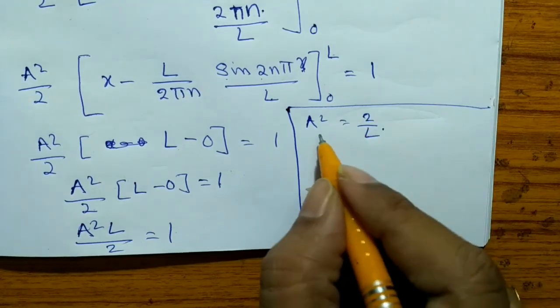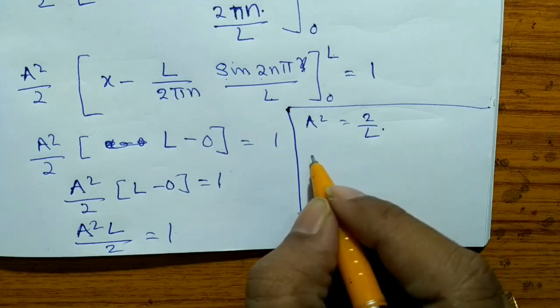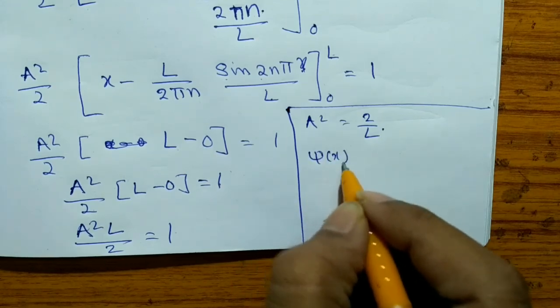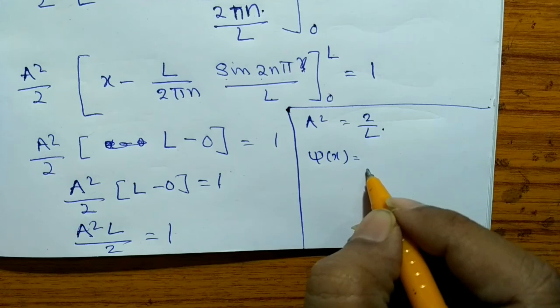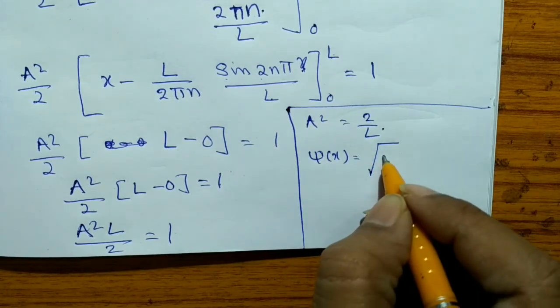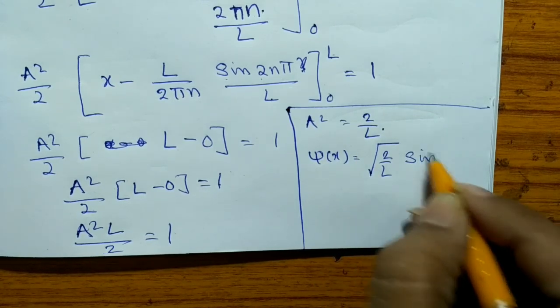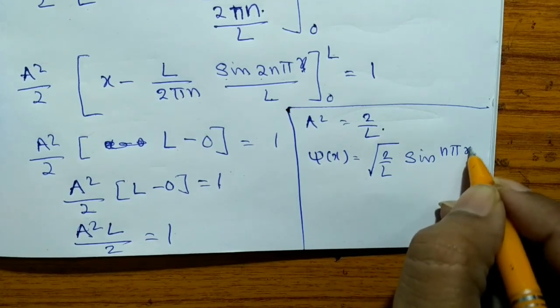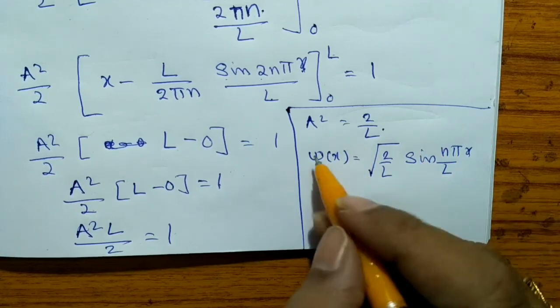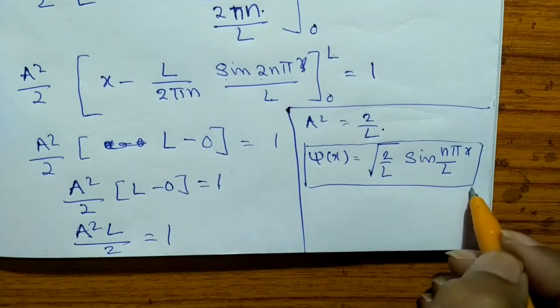Now substitute this A square value in equation number 5. We get psi of x is equal to root of 2 by L sine n pi x by L. This is the wave function of the particle at x.